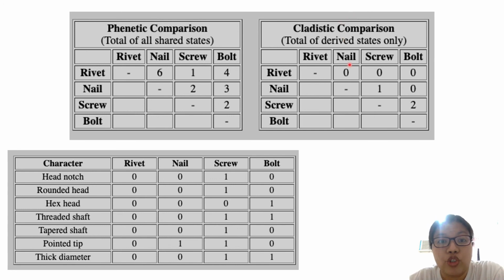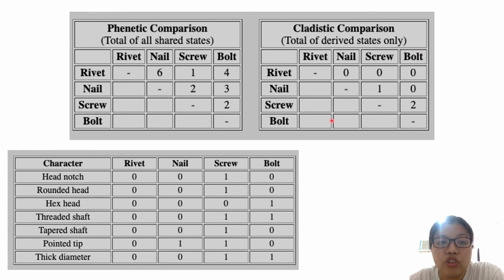So as you can see here, we scored all zeros for the comparison of rivet because rivet doesn't have any positive or any one score here. Okay, for screw and nail, we scored it as 1 because they shared one character, which is the pointed tip.